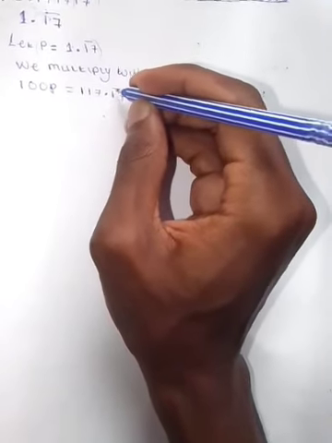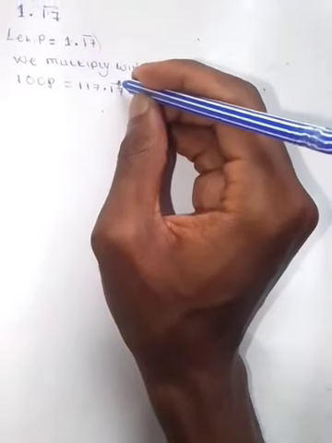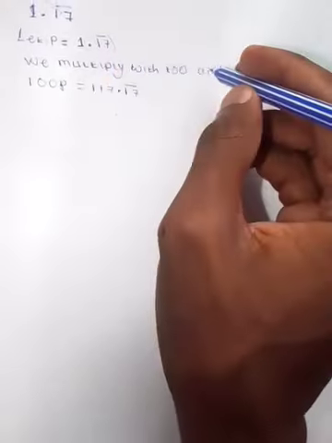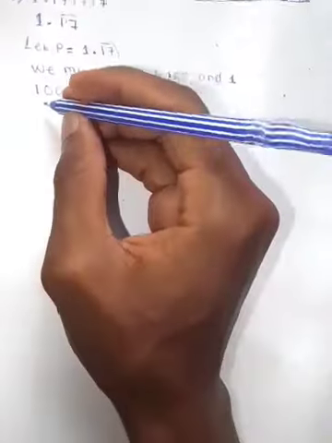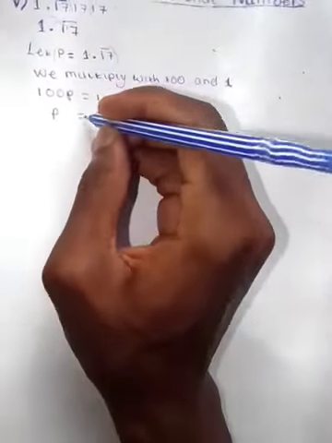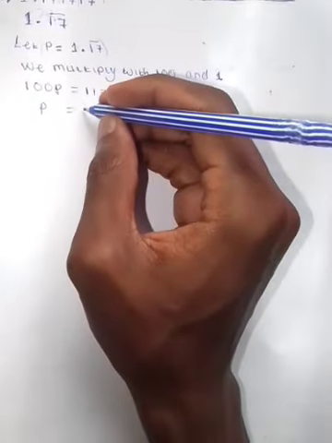Don't forget to include the number that is repeating itself, always include it. And we will multiply through with 1, so p is going to come back. So 1 times 1.17 here is also going to come back.